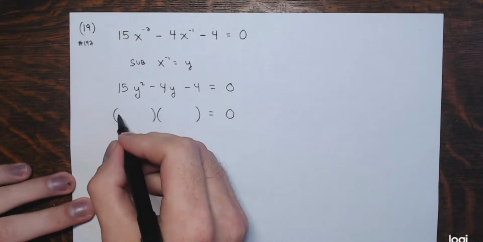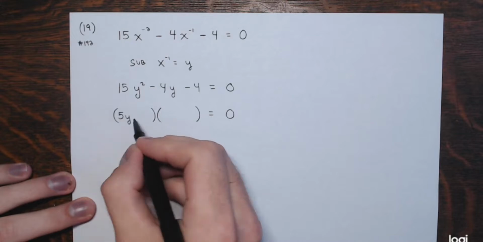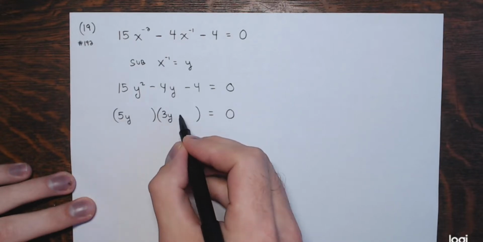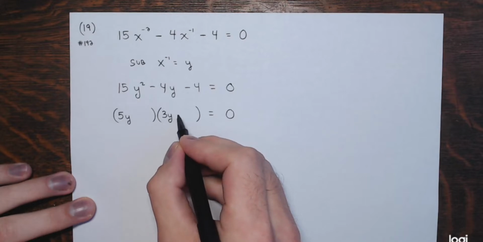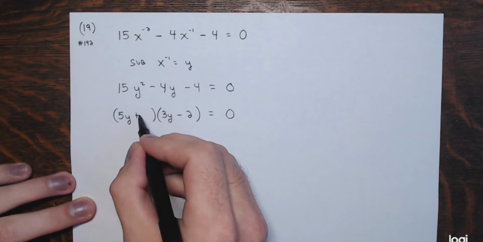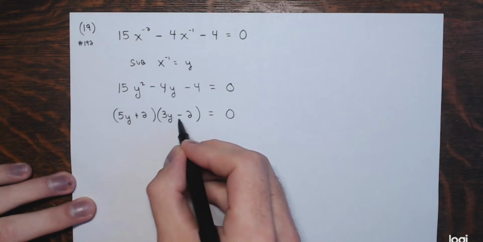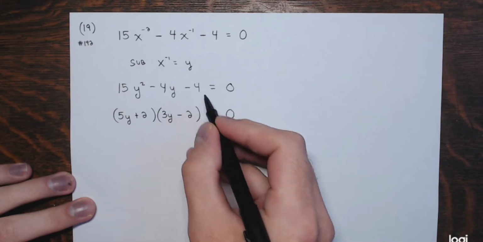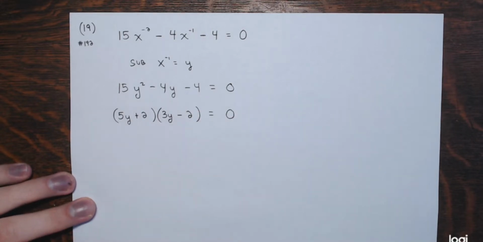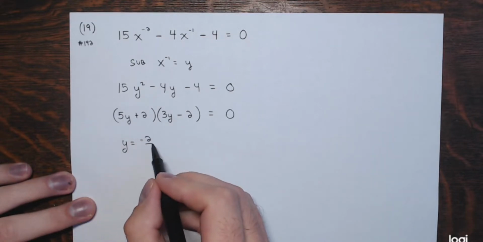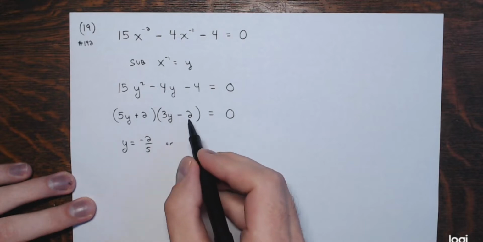All right, so 5y here, 3y here, and minus 2 here for minus 10y, plus 2 here for plus 6y, minus 10y plus 6y would be minus 4y, and then 2 times negative 2 is negative 4. All right, so this factors to 5y plus 2 times 3y minus 2 equals 0. Solutions then for y are y equals negative 2/5 or positive 2/3.